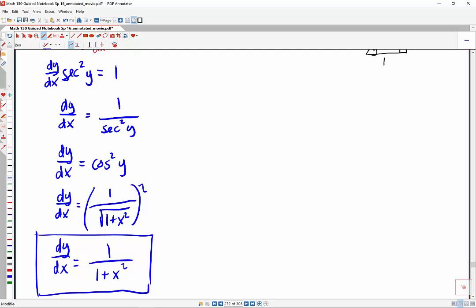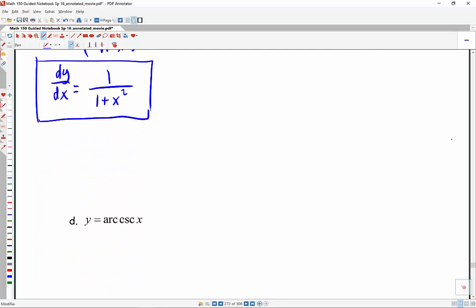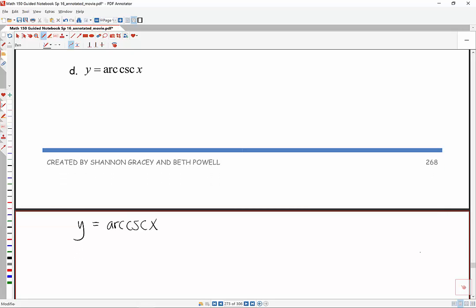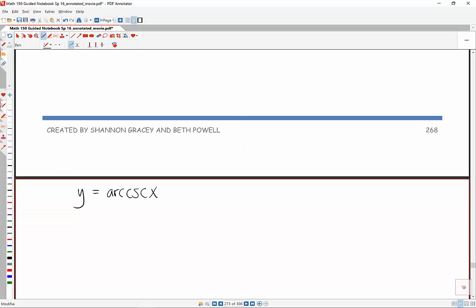All right. So next up, what we'll have is the arc cosecant function. Now remember what we had said. We had said that the derivative is always going to be negative for this one, right? So we're going to have to take that into account at the end.